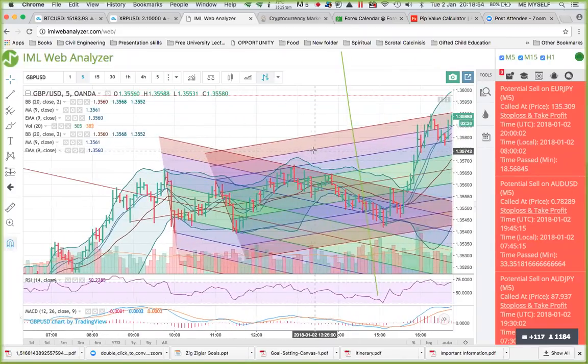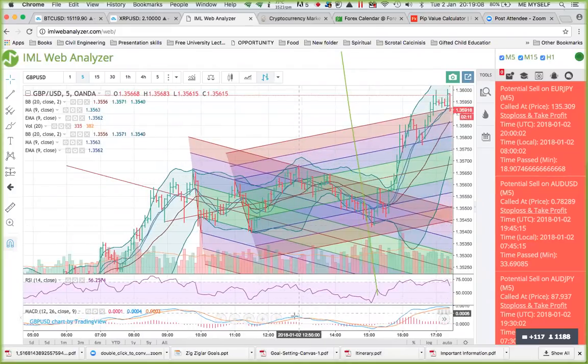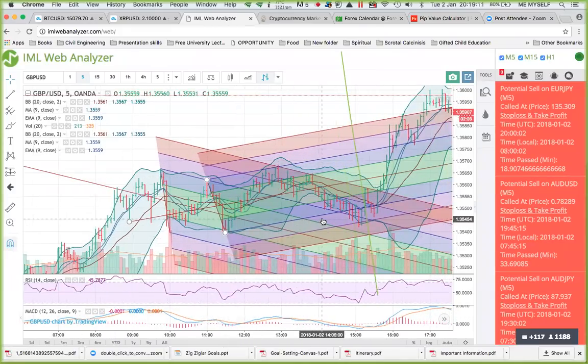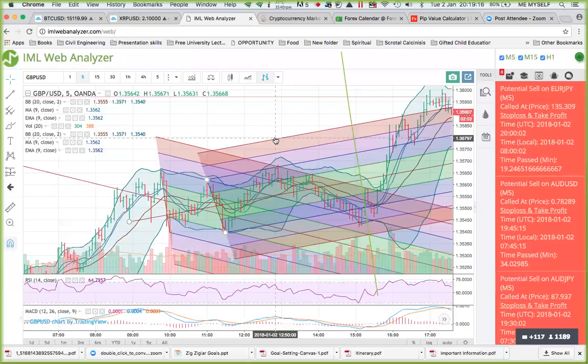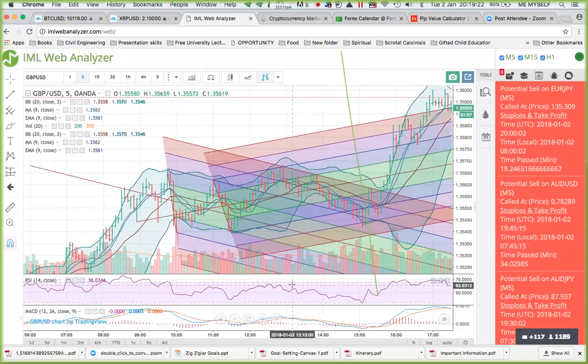Well, it depends. If you have other confirmations, like for example a Bollinger Band hit as well as a pitchfork hit, or if you're using the MACD and the MACD is giving you something, I don't really use the MACD, or some other indicator, or for example the RSI is in an overbought or oversold state, if you get that additional confirmation, then you could take the trade without the web analyzer giving it to you.